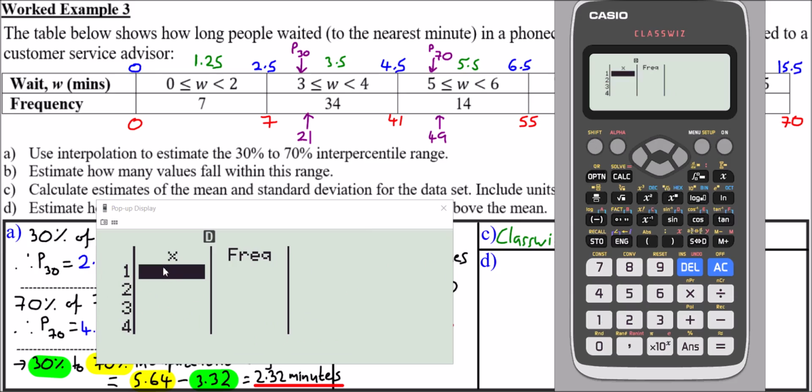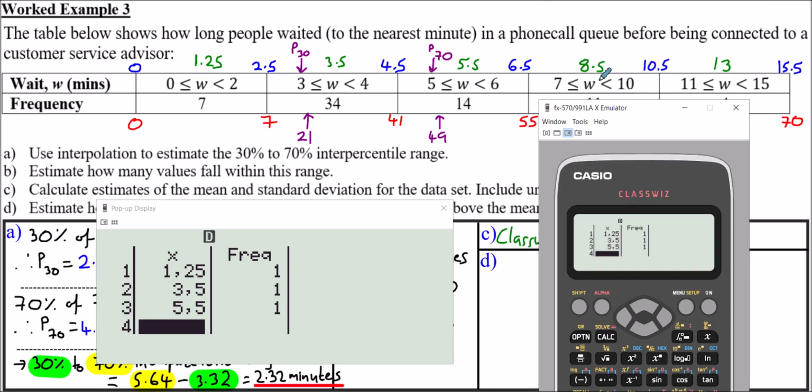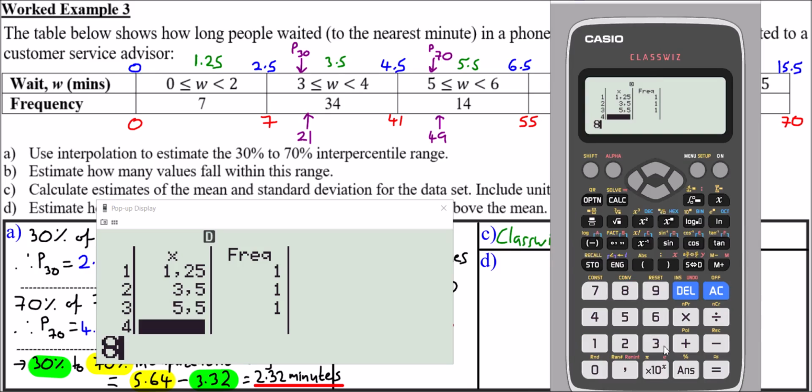So first of all we type in the midpoints. 1.25 is our first midpoint, then 3.5. Next we had 5.5. After that we had 8.5. And the last midpoint is 13.